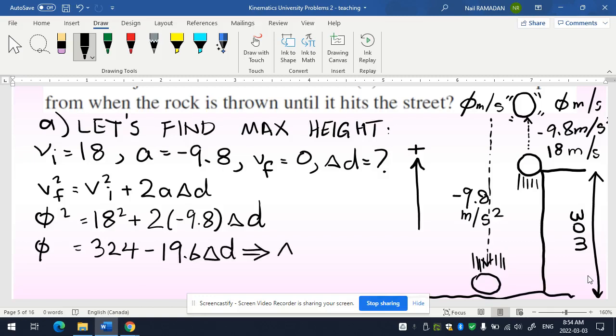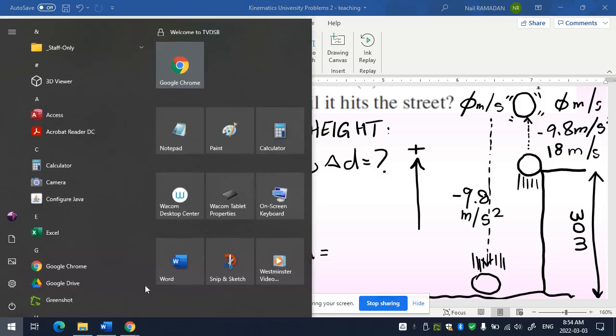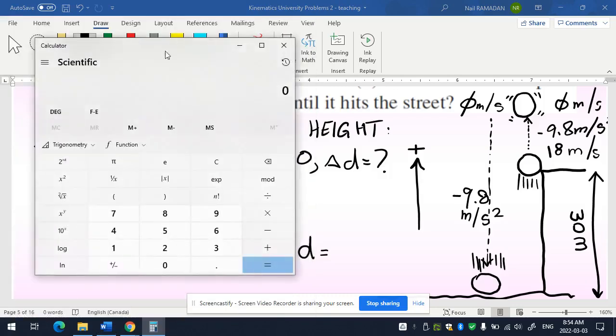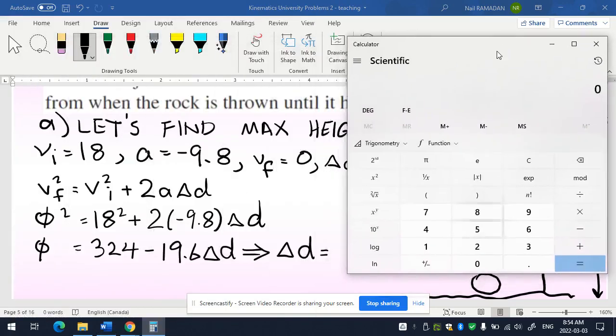So delta D is going to be the division. Well, you have to move something first. So I'm going to do it in one shot, everyone. I assume I move this one here, so it becomes positive, and then divide 324 by 19.6. Okay, let's do that. 324 divided by 19.6.